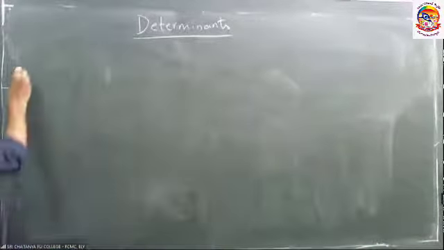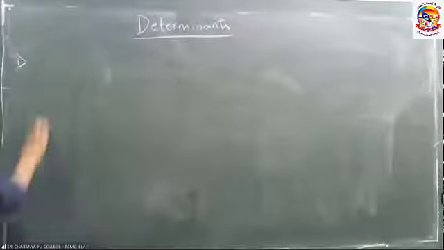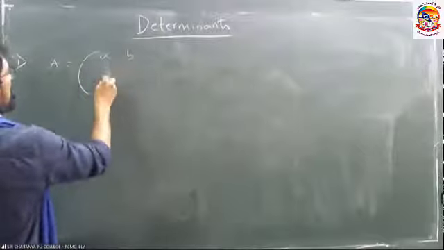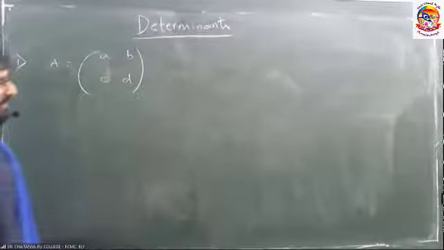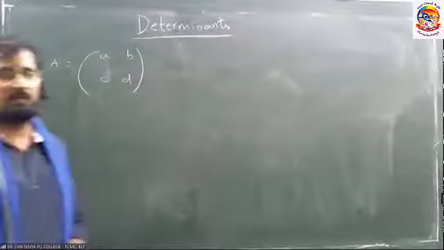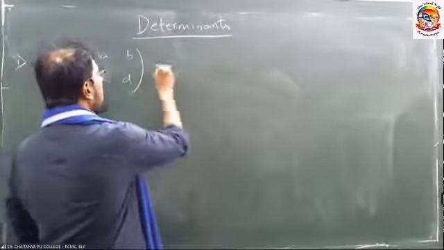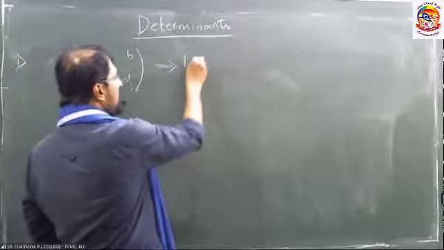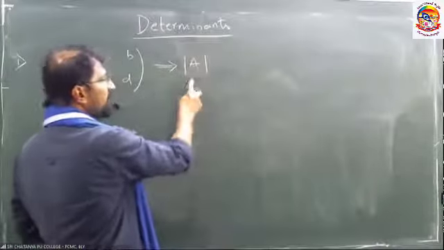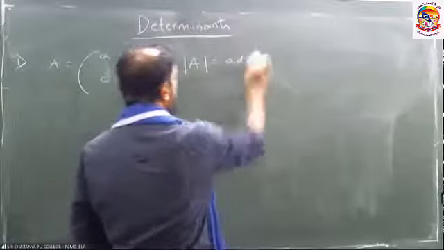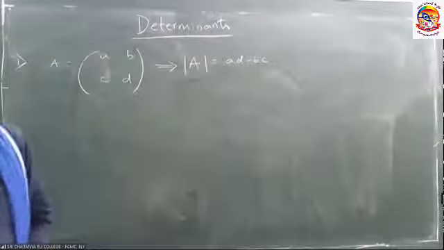This is determinants. If, don't write, if capital A is equal to A, B, C, D is a 2 by 2 matrix or second order matrix, then det A, you should pronounce this one as det A is equals to AD minus BC, right?